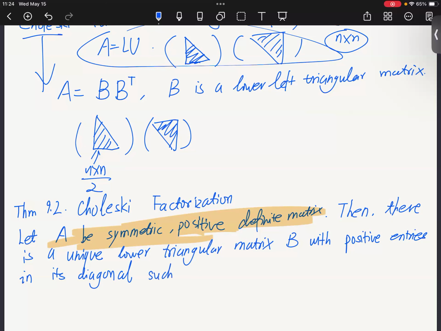Actually, if you do the calculation, it could be positive or negative, but we put the restriction here and make it positive. And A can be factorized into B times B transpose. I'm going to highlight this part. We are going to restrict the entries on the diagonal to be positive.